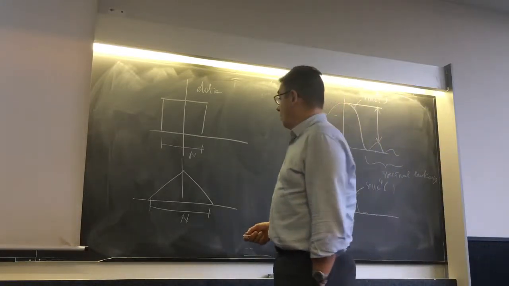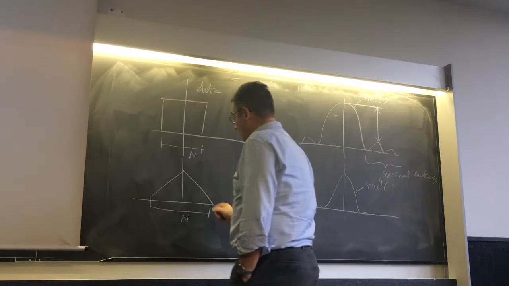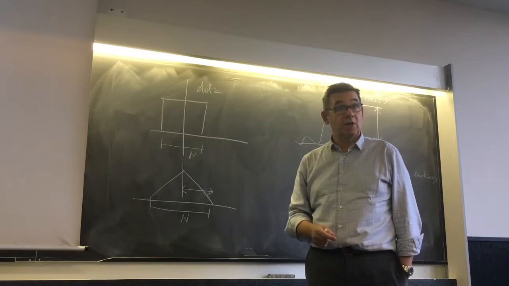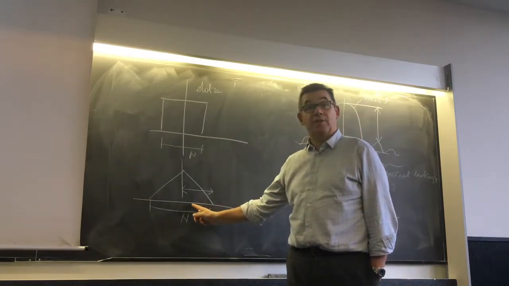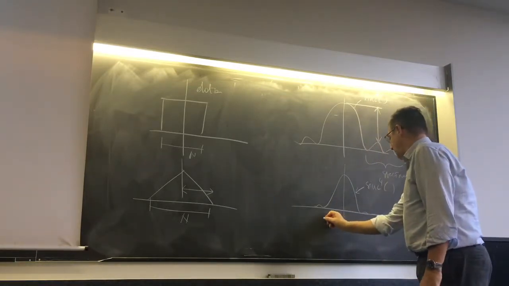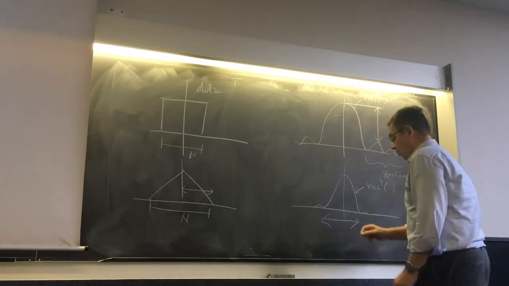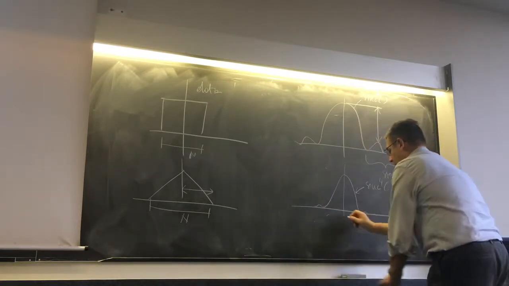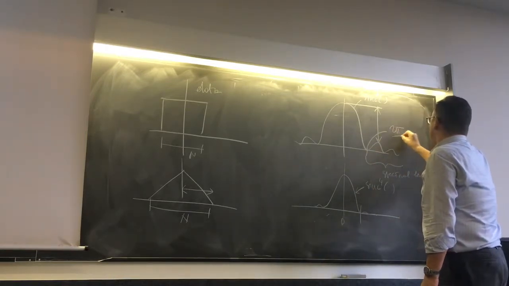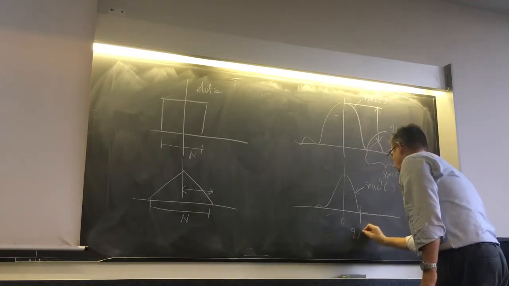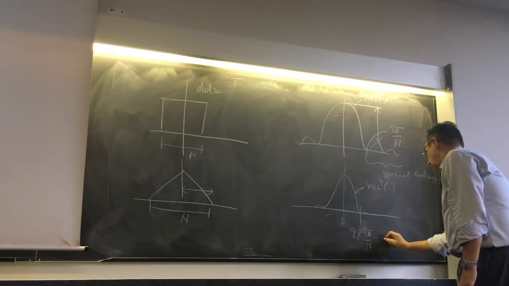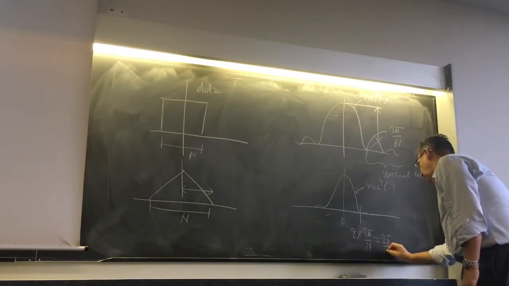What is the drawback? The drawback is the following. A triangle is obtained by convolving two rectangles, and the rectangle is N half. So what I expect, it's not in scale, is that the first zero here is 2 pi divided by N, and here it is 2 times 2 pi divided by N. Or if you like, it is 2 pi divided by N half.